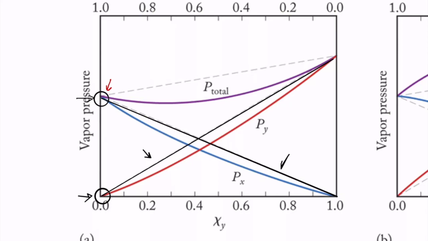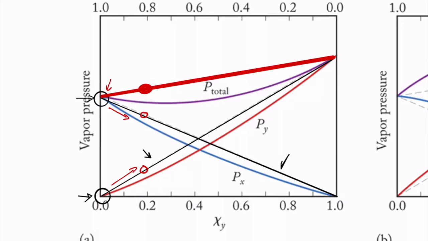Now, as you increase the composition of component Y, the composition of component X is going to decrease. And ideally, if you add up this number here and this number here, what you end up with is this number here, so along this straight line.